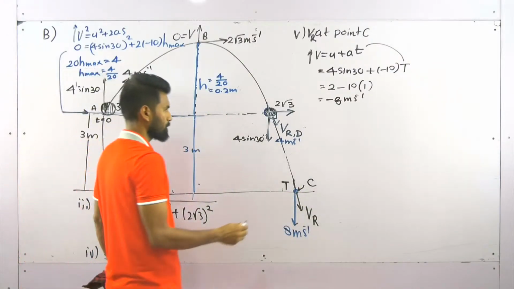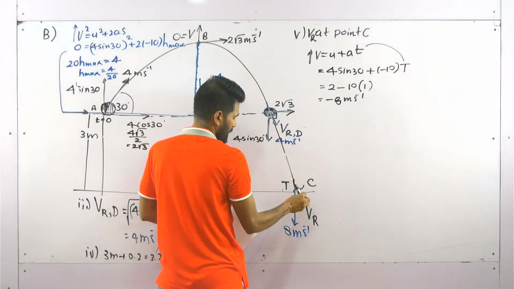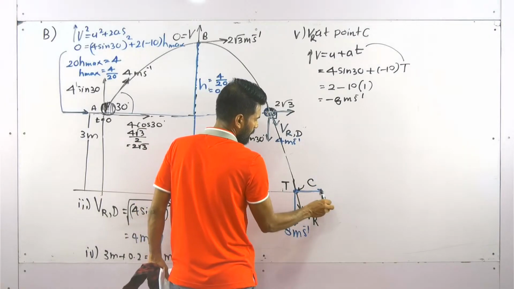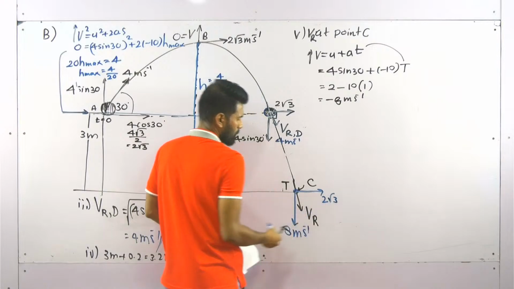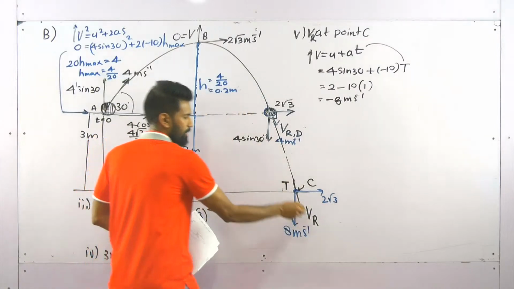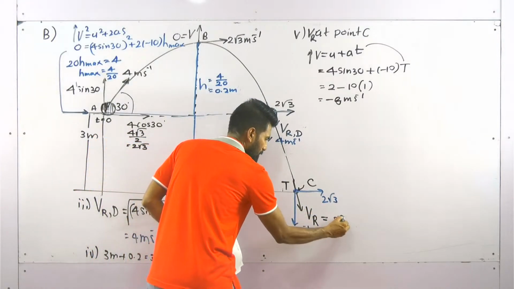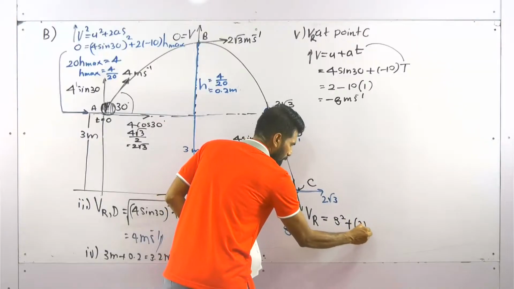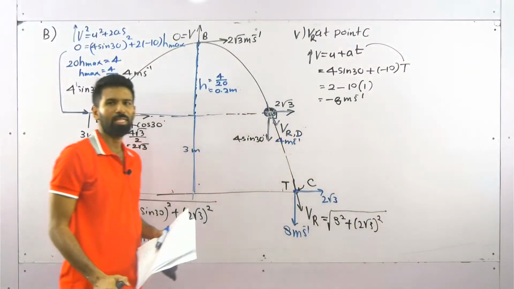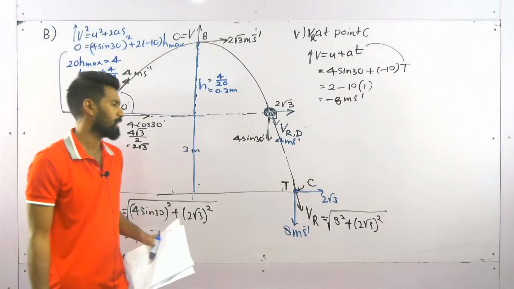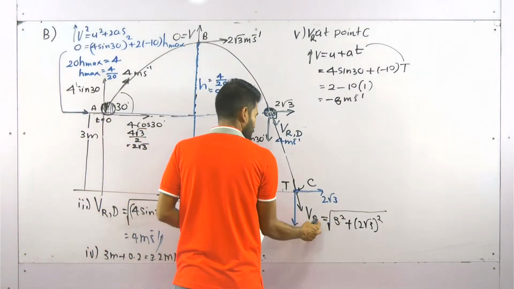Its horizontal velocity won't change, so it's always 2 root 3. So what will be the final velocity here? VR is the square root of 8 squared plus (2 root 3) squared. When the vectors are perpendicular, the square root of p squared plus q squared is the answer for the resultant vector.